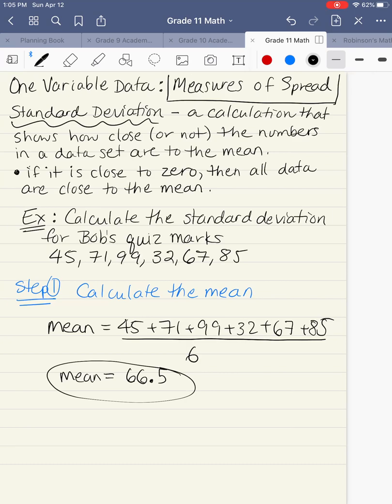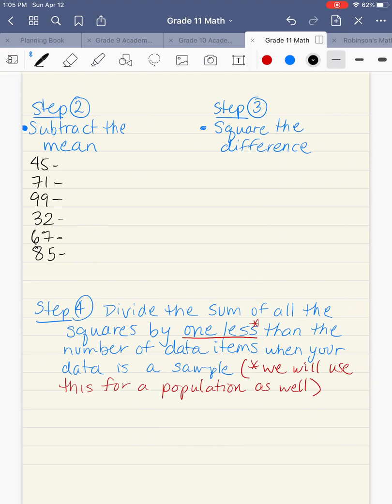So this is step 1 because we're going to be using this calculation to take us to the next step. So for step 2, we are going to be subtracting the mean from each of the numbers in the data set. So I've already copied down all the numbers in the data set, and we're going to subtract 66.5 from each of these and then do that calculation.